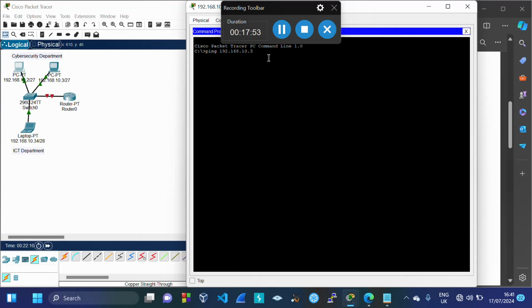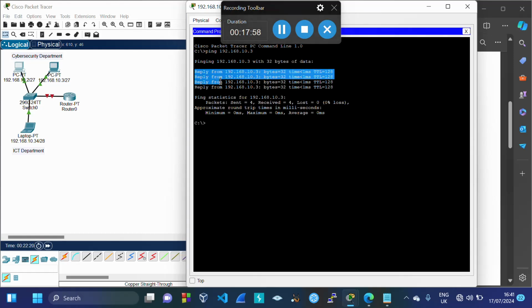If I click enter, I'll be able to get 4 TTL replies, which are time to live. It means that this device is able to get replies from this device. It means that they're able to communicate. But the moment I change this subnet mask to something else, such as /28, it means I'm not in the same department or same subnet, but I'm under a different subnet.